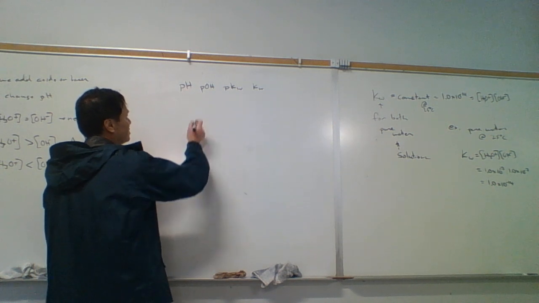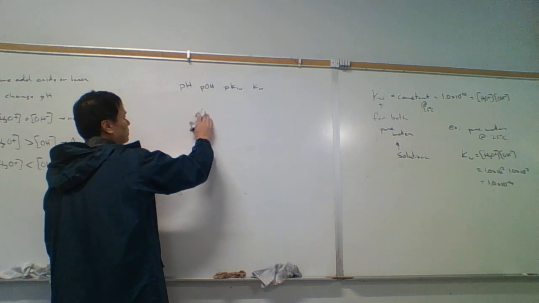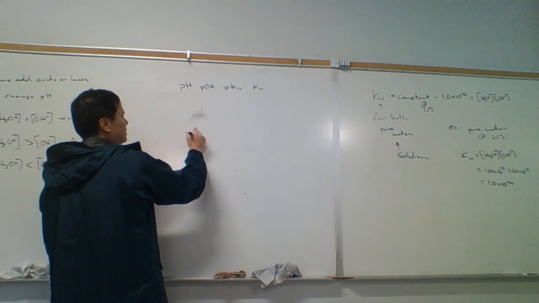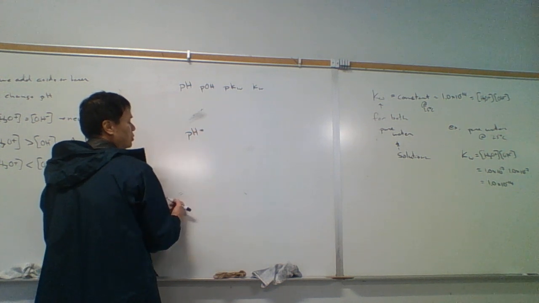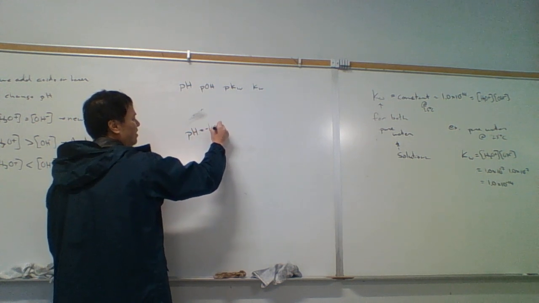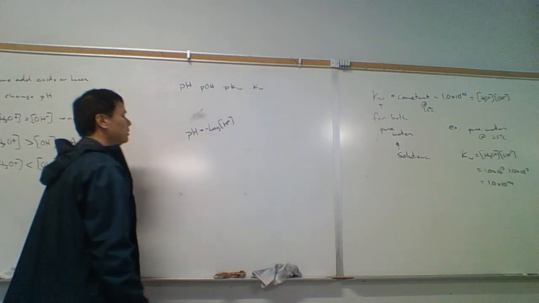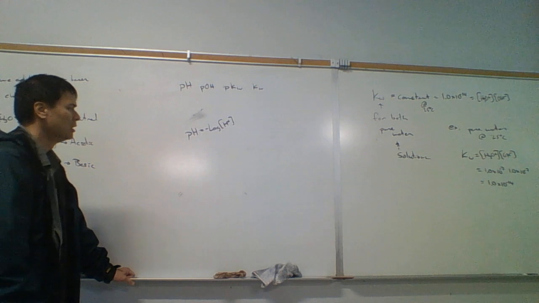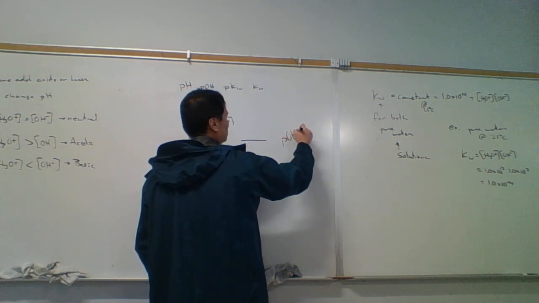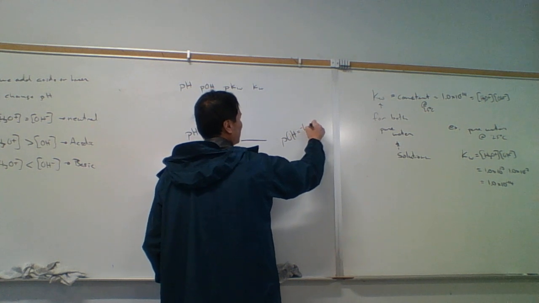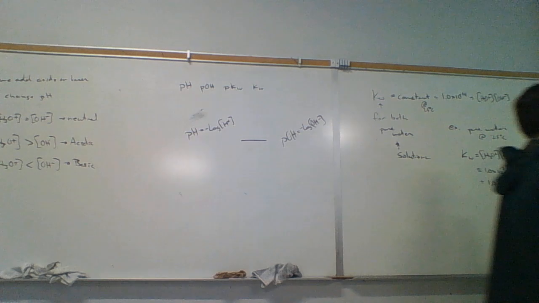First thing is the pH. pH is the power of the hydrogen ion concentration, or the negative log of the H plus concentration, or H3O plus concentration. That's how we can calculate the pH. The pOH is the same thing except for the hydroxide concentration. The pOH is equal to the negative log of the hydroxide ion concentration. And so it's just the negative power.